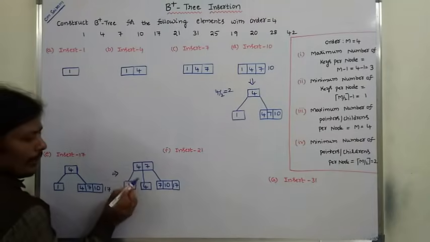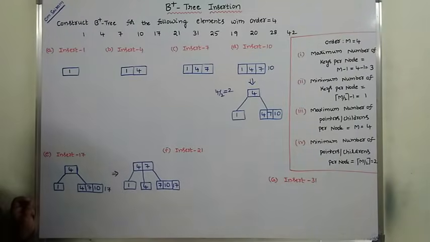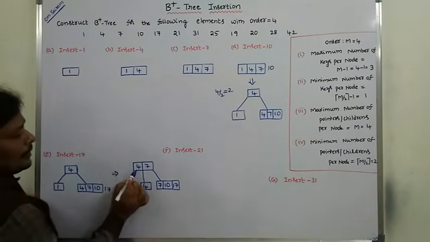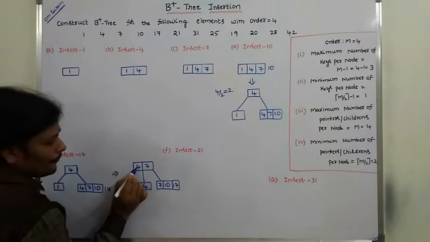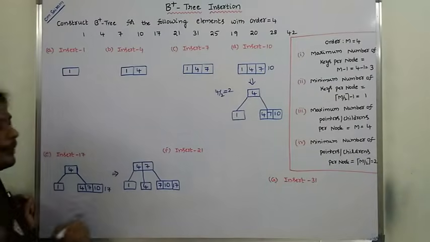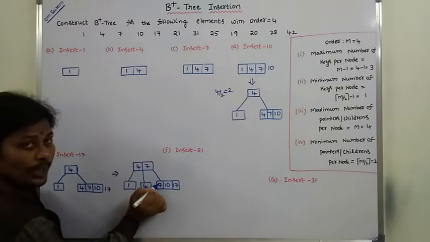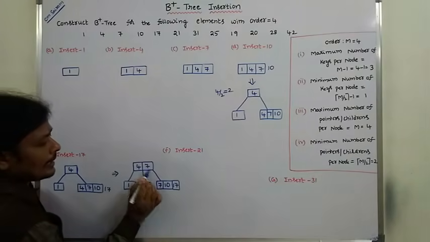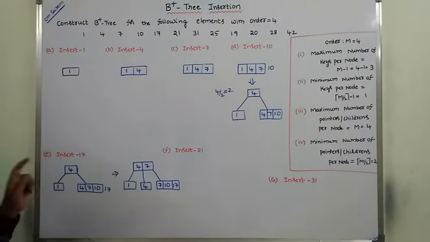Okay, 4 is also there at the leaf node and 7 is also there at the leaf node. So 1 is less than 4. Yes, 4 is less than 7. 7 is equal to 7. 10 is greater than 7. 17 is also greater than 7. So after inserting 17, this is the B plus tree we are getting.